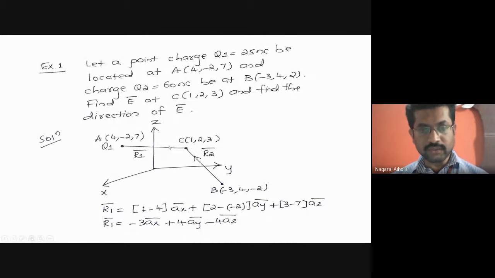Destination is C, source is A. That is (1 minus 4) AX bar plus (2 minus of minus 2) AY bar plus (3 minus 7) AZ bar. That will be 1 minus 4 is minus 3 AX bar plus 2 minus of minus 2 is 4 AY bar plus 3 minus 7 is minus 4 AZ bar.